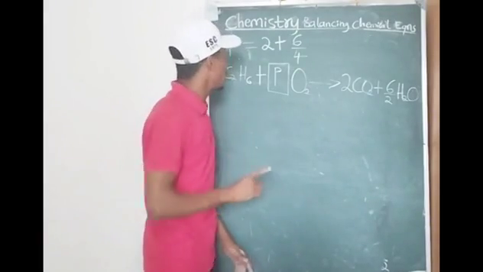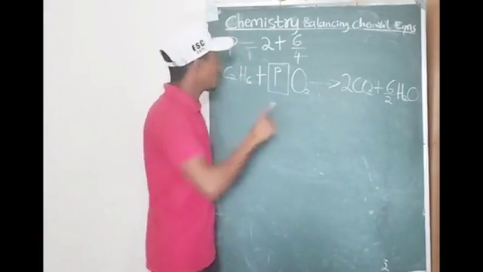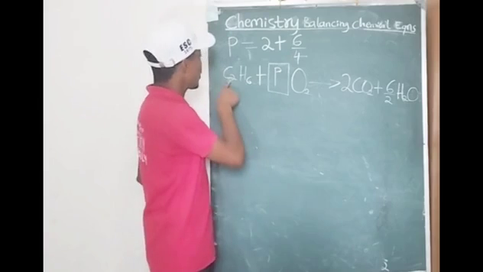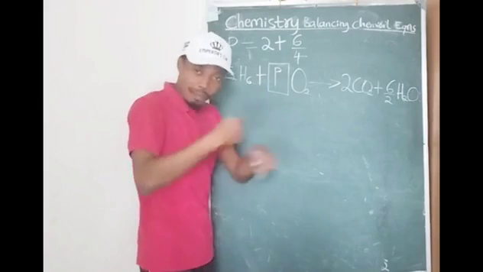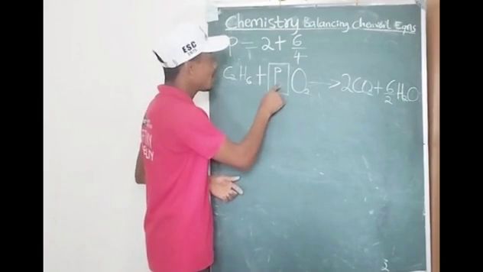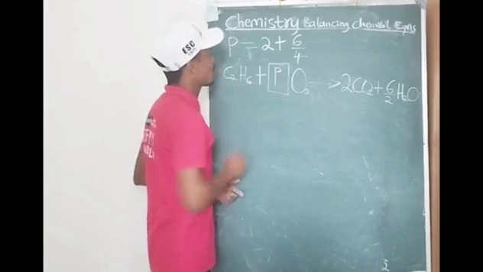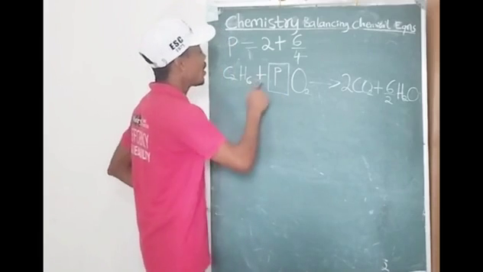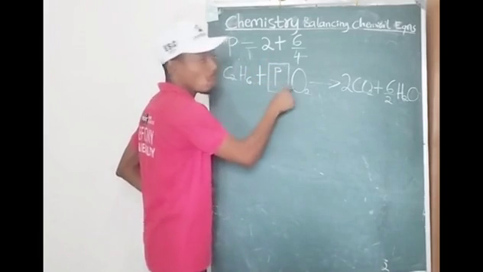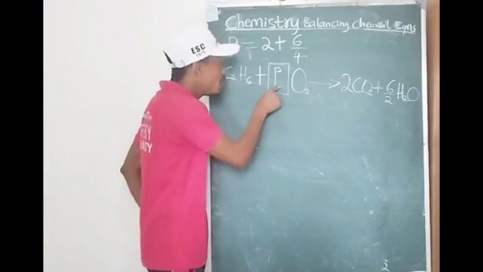So moving forward, you agree with me that P is given as 2 plus 6 all over 4. Going back to the chemical equation we are supposed to balance, to make this chemical equation balanced, this is what should be in this place.